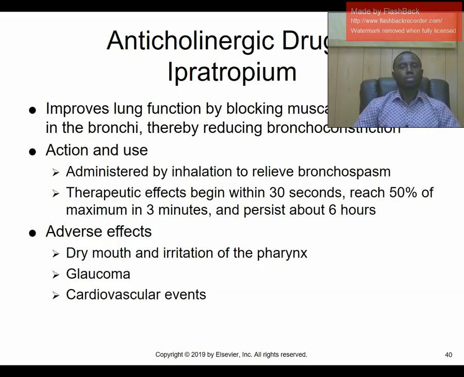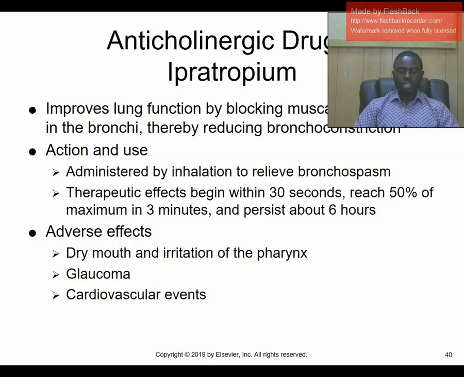So within about 3 minutes, it is going to be at 50% of its maximum effectiveness and persists for about 6 hours. And so you're going to see this being ordered every 6 hours, and sometimes it can also be ordered PRN.